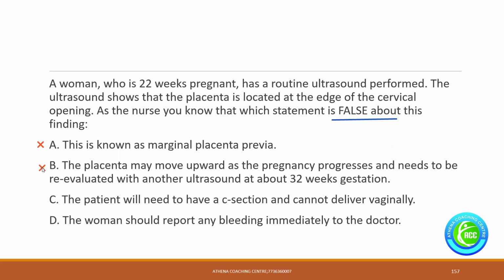But in case of complete placenta previa, yes, regular routine vaginal delivery may not be possible, because when the contraction starts, there may be a chance of detachment of the placenta first, and it can cause problems to the fetus. So this is not the correct statement. So this is a false statement.